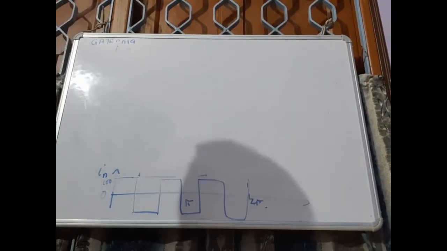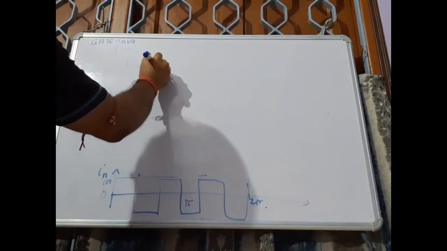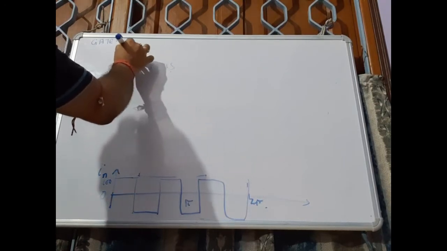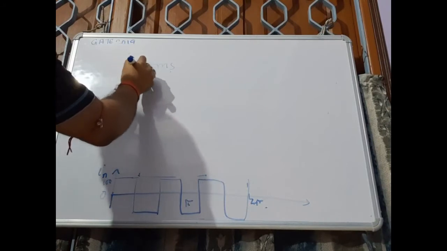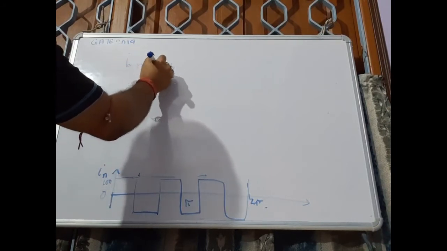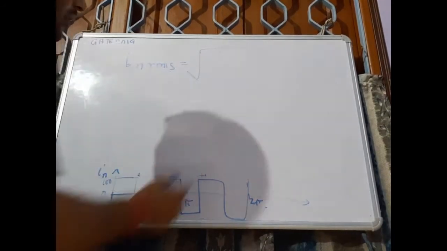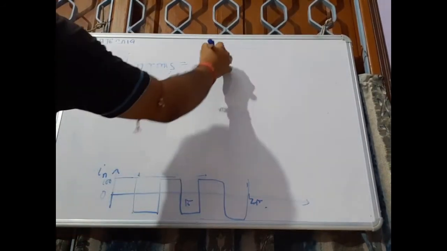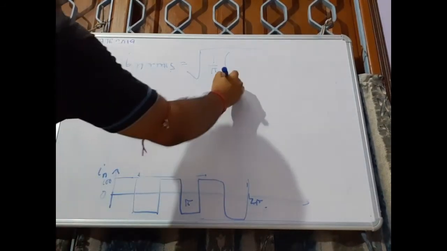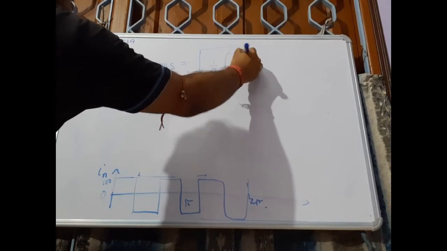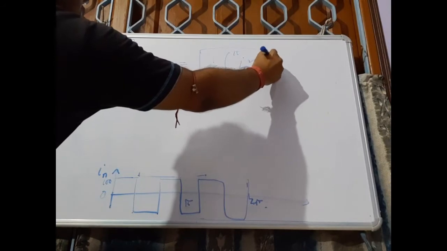Now IN RMS, there will be a root, from 0 to pi, integration of IN square d omega t, right?